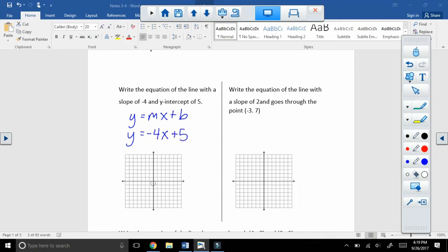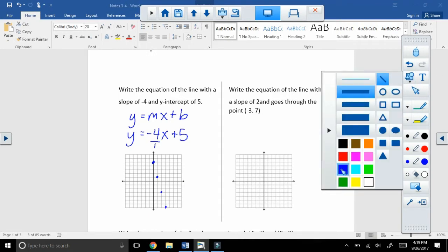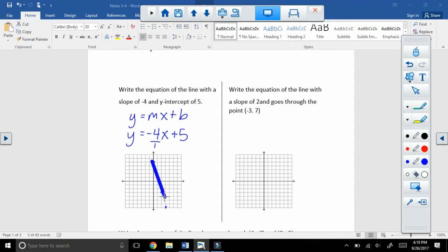And then if the directions ask you to graph it, what you would do is start at the y-intercept, so in this case start at 5, and the slope is -4, or think -4/1, so you can count down 4 and over 1. And you could just do that a couple of times till you see where that line is going to be. And then you would have your line.